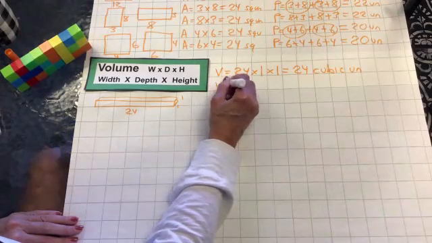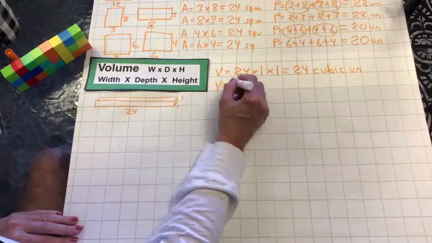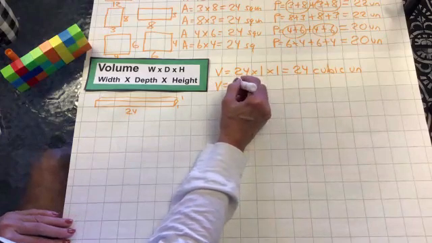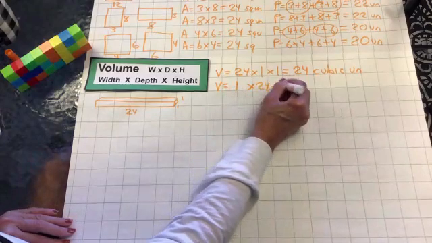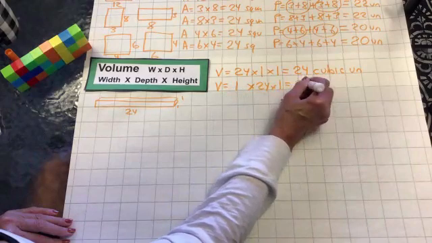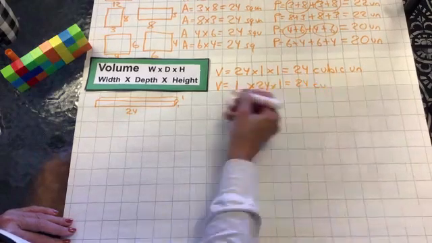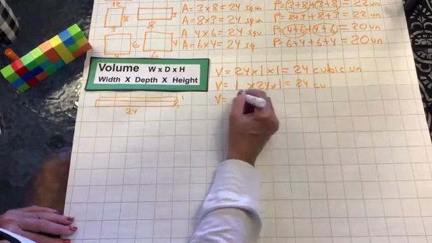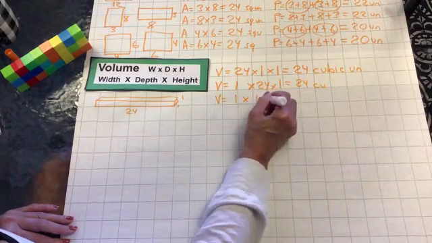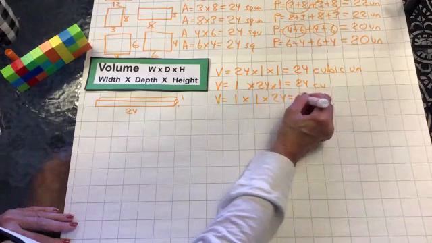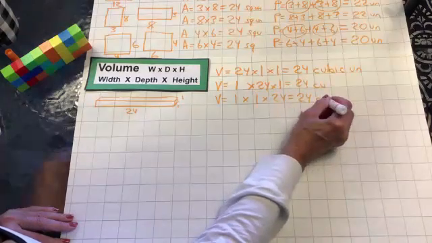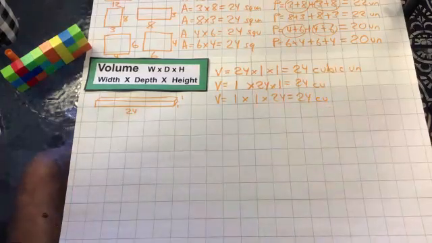We can just change it up ourselves in this dimension up here by writing 1 by 24 by 1, and again equals 24 cubic units. Or we can change it up to 1 by 1 by 24. We're just changing the order of our multiplication. We still get those units.